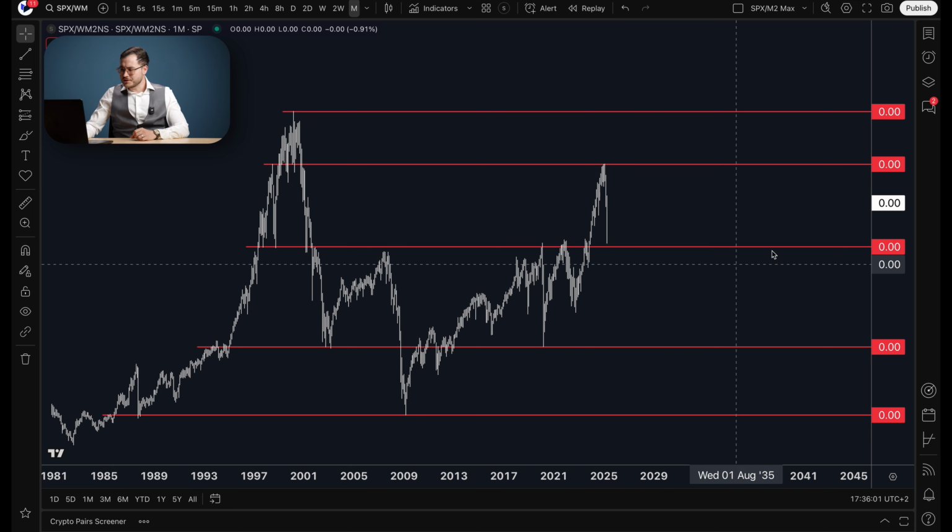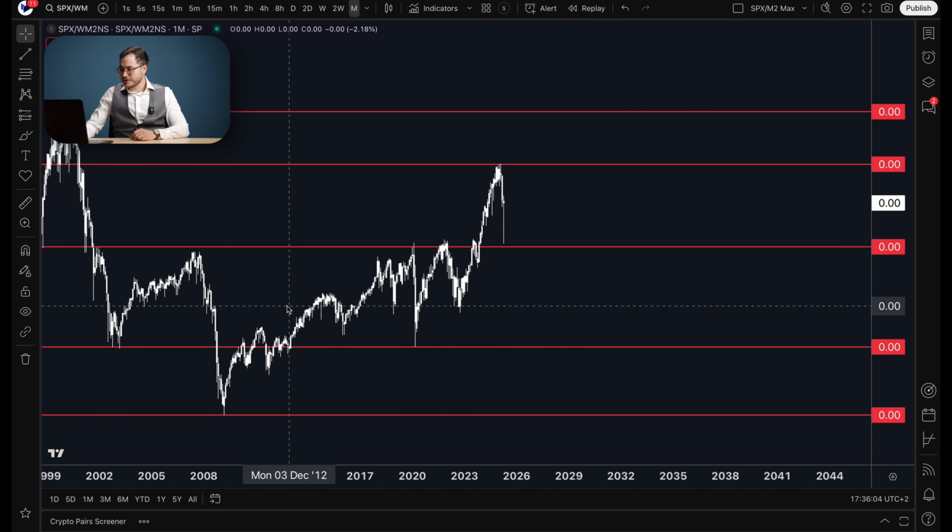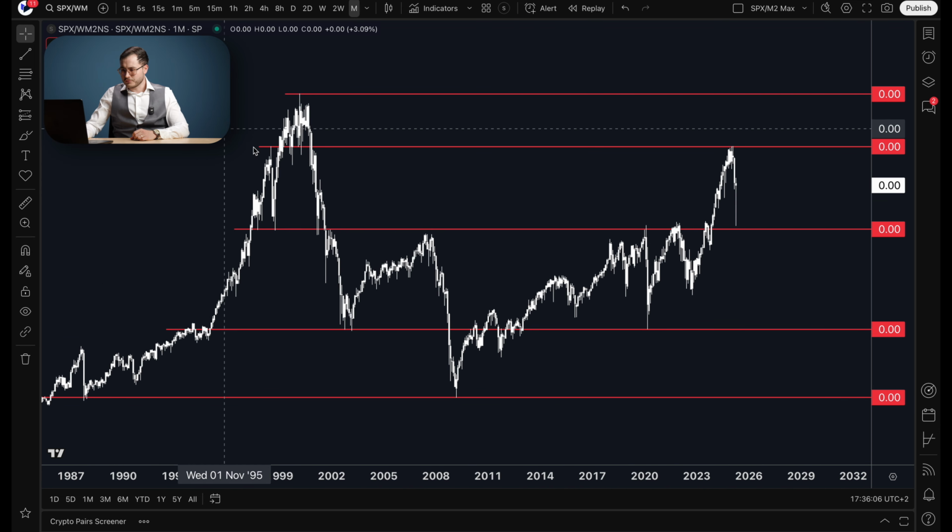And again, also here we see historical similarities in the chart. So if we go, for example, all the way back to the late 1990s, not a time where I was in the financial markets yet, but back in the 1990s, we also saw a strong rally similar to the one that we have seen ever since July of 2023. And we have then likewise seen a sharp correction all the way down to this low.